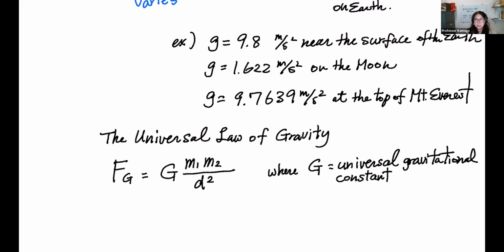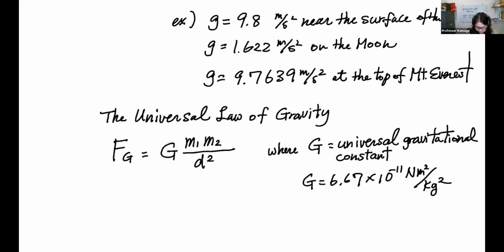So this big G does not change. It does not depend on the location. It's always the same. The value of G is 6.67 times 10 to the minus 11 newton meter squared per kilogram squared.